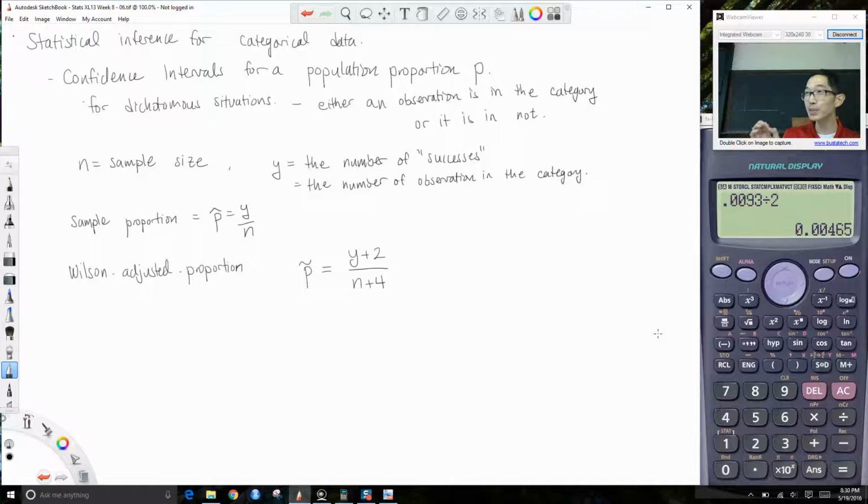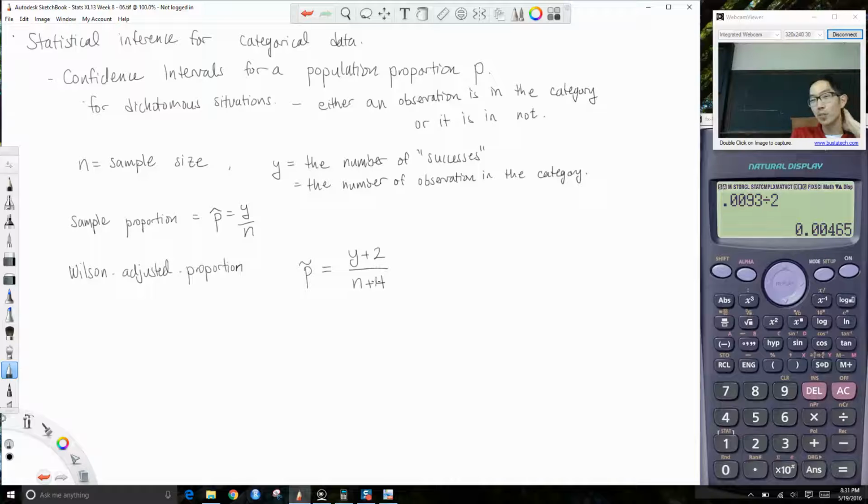But if we were to use 0, it messes up our standard error. Our standard error would be 0, and we would come to the conclusion that no one has Zika, which might be the case. But just because you didn't observe it in your sample doesn't mean it doesn't exist in the world. So anytime you're at the extreme where you either have 0 of something or close to 100% of something, it adds 2 to the numerator, so you no longer have 0.